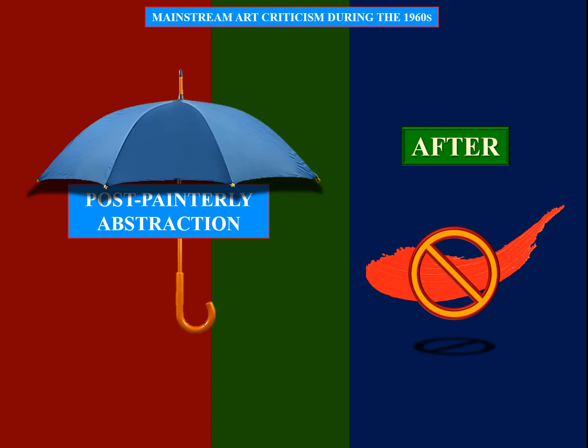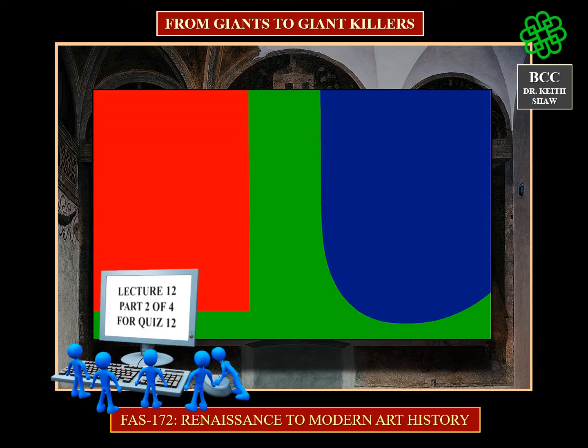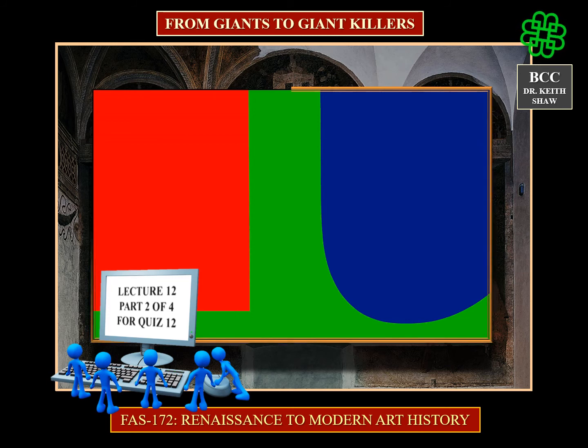And it produced actually three movements, but sub-movements, but we're going to look at two of them. One is called hard edge painting, which is famous, and then maybe even more famously, there is a third leg called minimalism. All right, so we've been seeing this image, well, that image right there, all semester long.